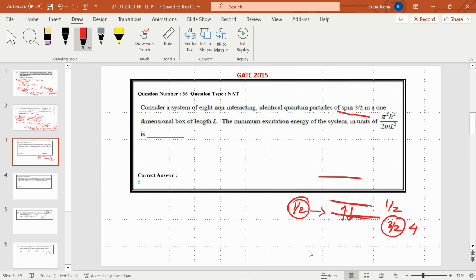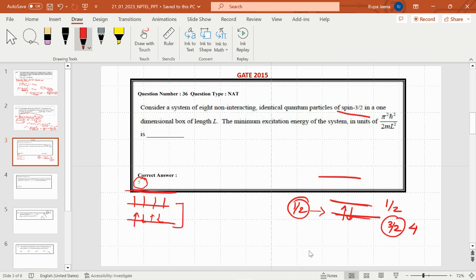Minimum excitation energy, or what? No, the answer is 5. Because see, you will put four particles here, like I'm putting it like that, and four particles will be here, right?